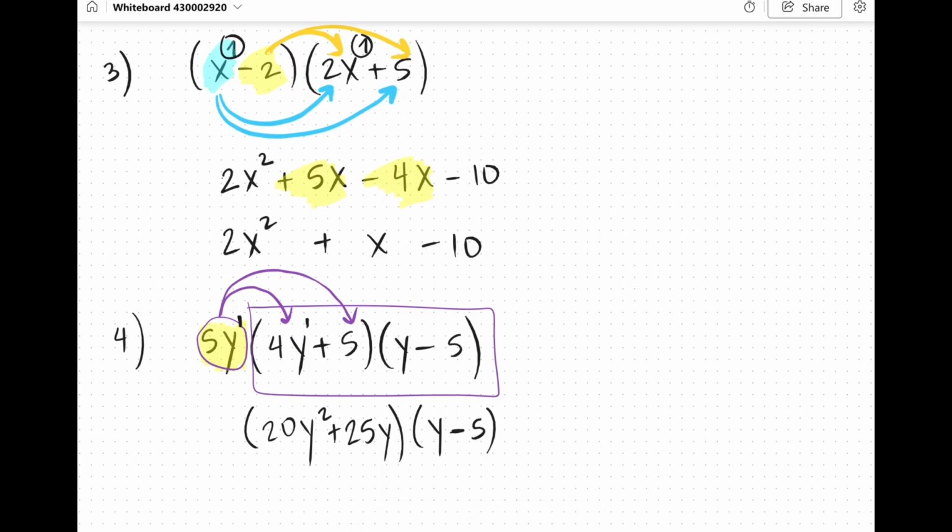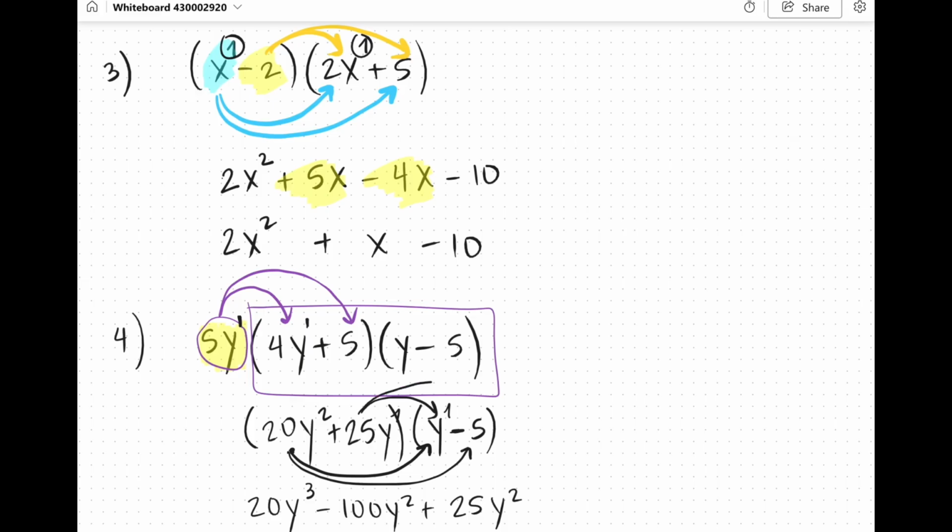And we will repeat the work we did in question 3. 20y squared times this y to the power of 1 will be 20y to the third. 20y squared times negative 5 is negative 100y squared. 25y to the first times y to the first is 25y to the second.